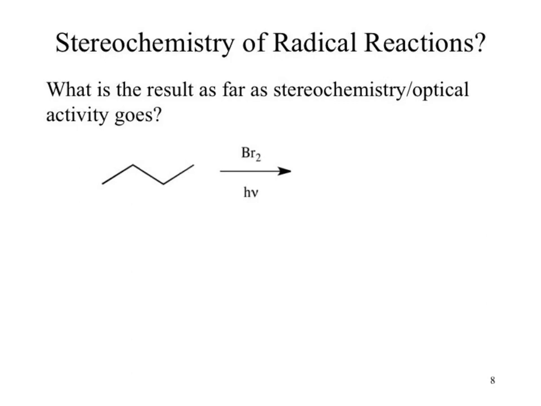What would we draw? Let's first focus on the substitution. Where should the bromine go? 1, 2, 3, or 4? 2 or 3. Why 2 or 3? Because they would be the same. They're the same. Cool. So let's go ahead and just draw our product. There's our bromine at position 2.